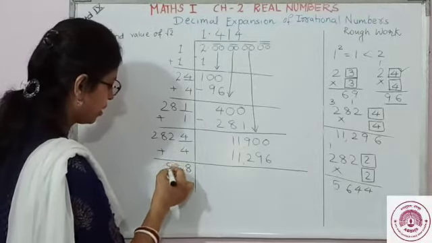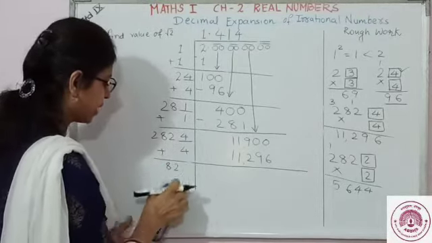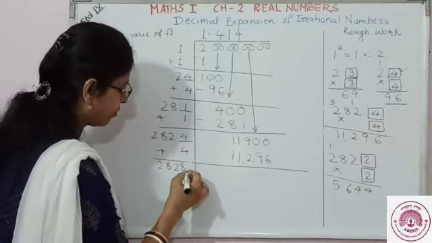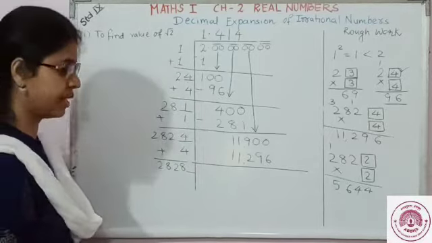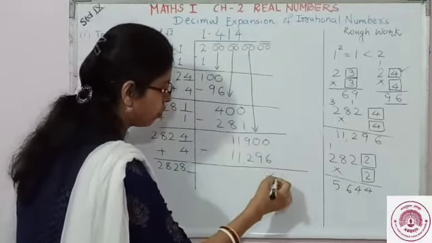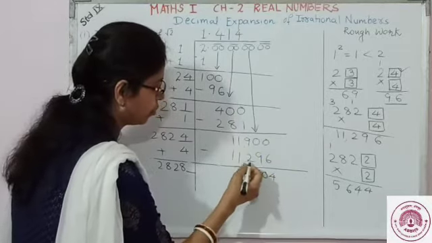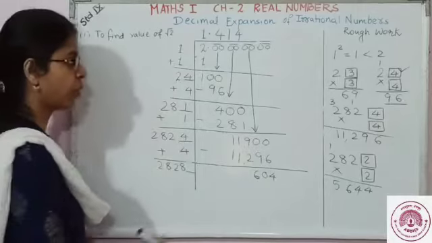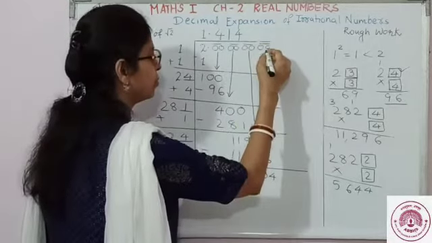Then 2. Then 8. Leave some place here again for the next digit. So let's subtract here. 4, 0, 6. So this will be 0, 0. So 604.